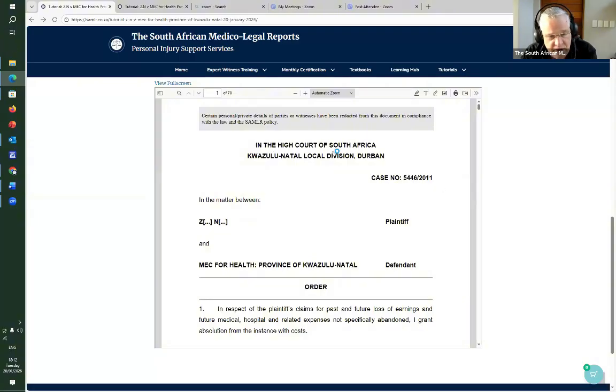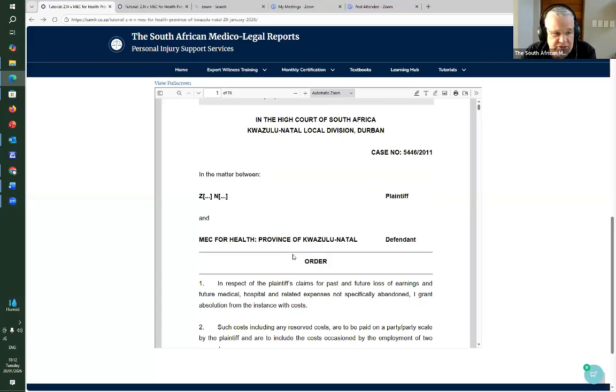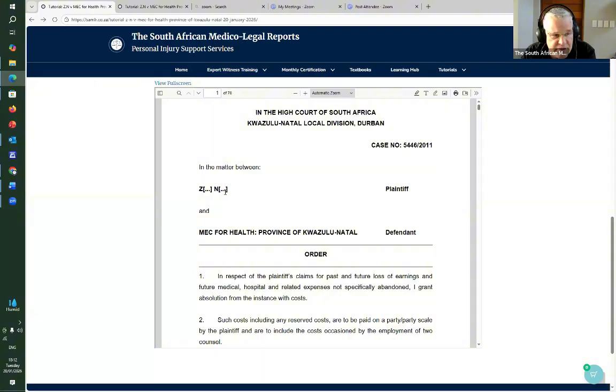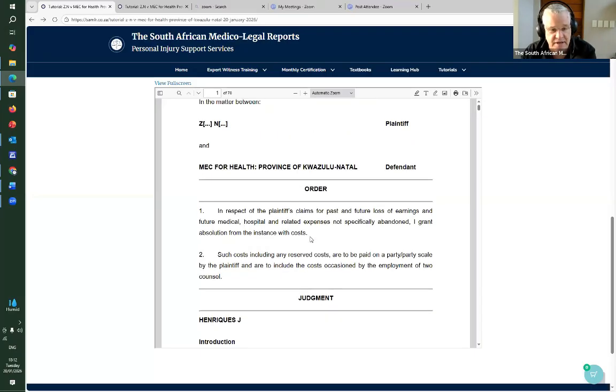It gives you the High Court of South Africa, so we know which court we're in. It gives us the KwaZulu-Natal Local Division Durban, so you know which division you're in, which province you're in. You get the case number, and then you get the matter between the two parties. And as I say, the names of the one party have been redacted, the plaintiff, for reasons I've dealt with, and then the defendant as well. There's then a summary of the order.